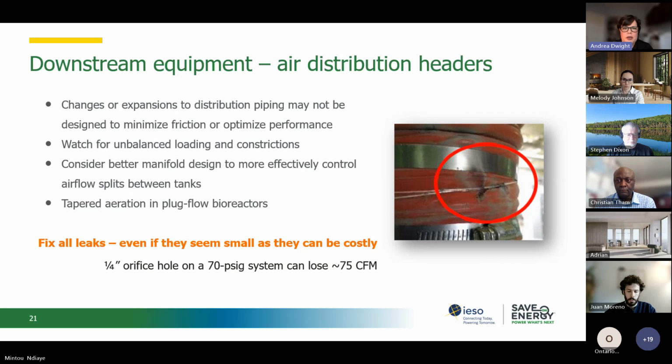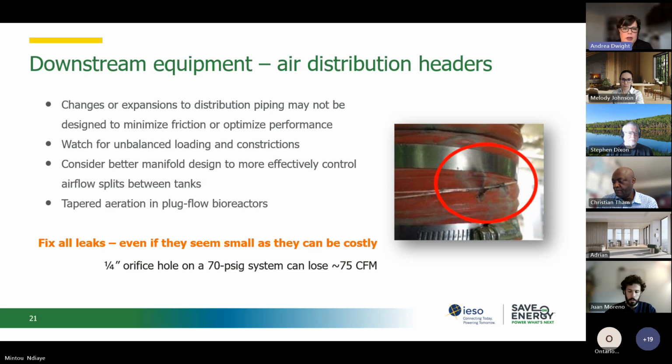When they first get installed in a new plant, they're usually done in a very optimized fashion that reduces friction by minimizing elbows, etc. But if you've ever had an expansion in your plant, some of this distribution piping may not be as efficient as others, and might be creating unbalanced loading or constrictions. It's worthwhile going and taking a look to see if any of that downstream header piping can be optimized.